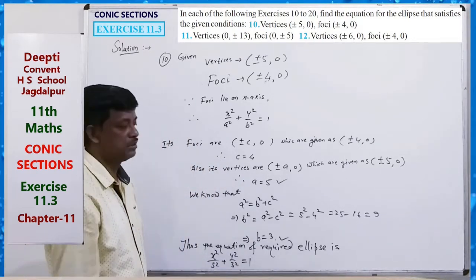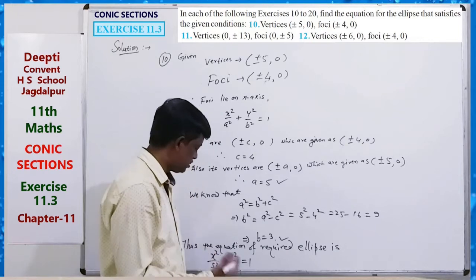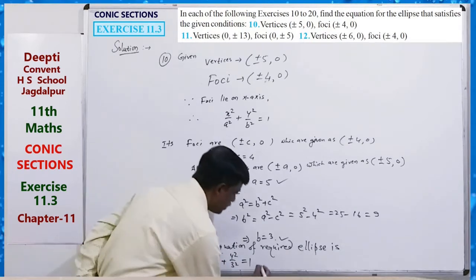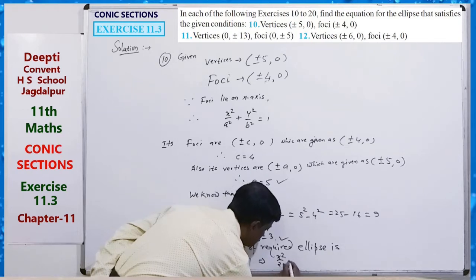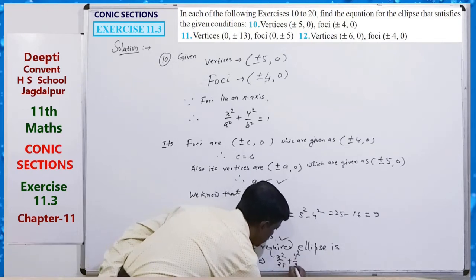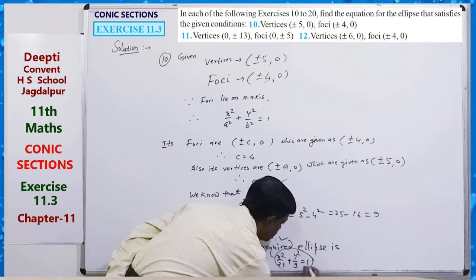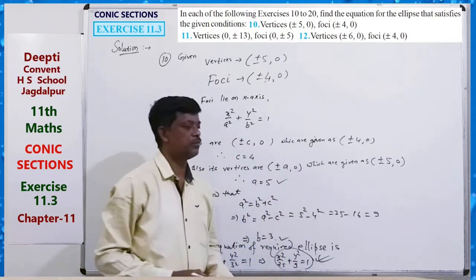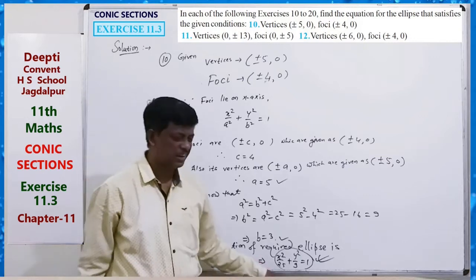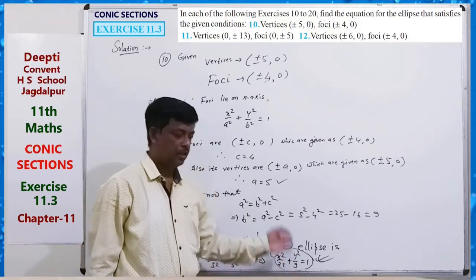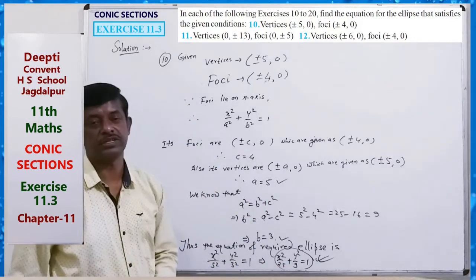This is the ellipse. Okay, x square by 25 plus y square by 9 equals to 1. So this is our answer. You can write it in the standard form. This is the equation of ellipse for question 10.